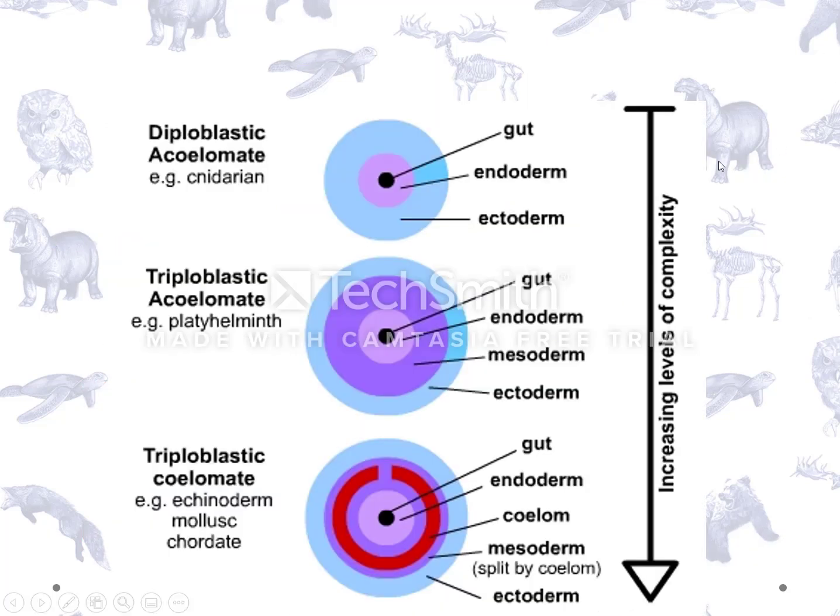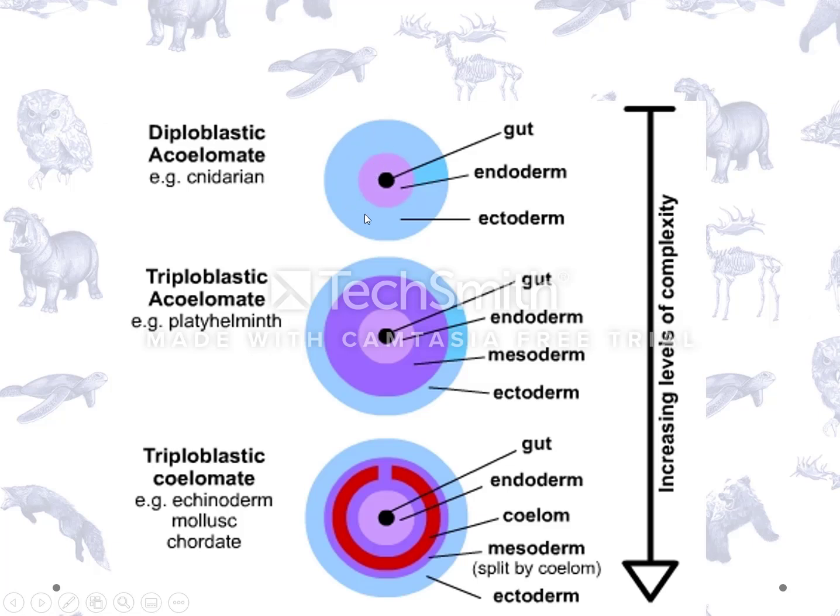So in this diagram, I want you to ignore the little black dots because it's just the starting growth of the gut, so they all have that. I want you to look at the other layers. In this diagram over here, you see two layers, the light purple and the blue. Innermost layer would be endoderm.